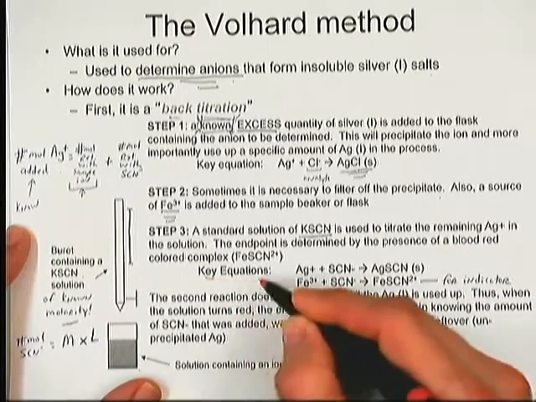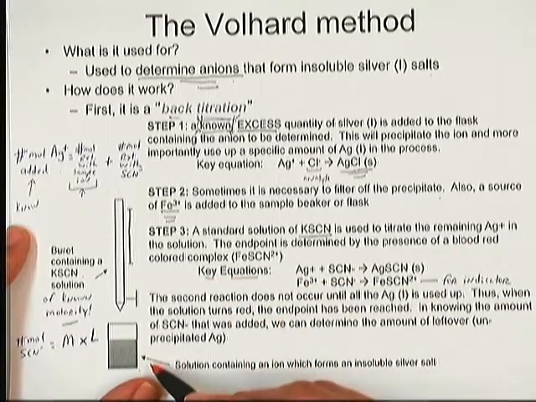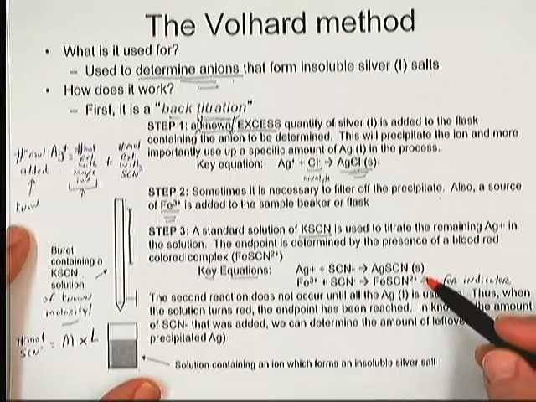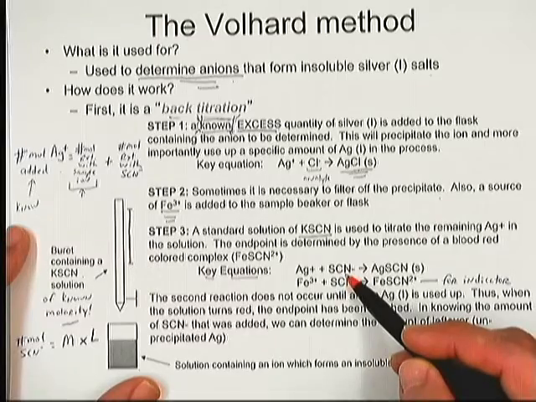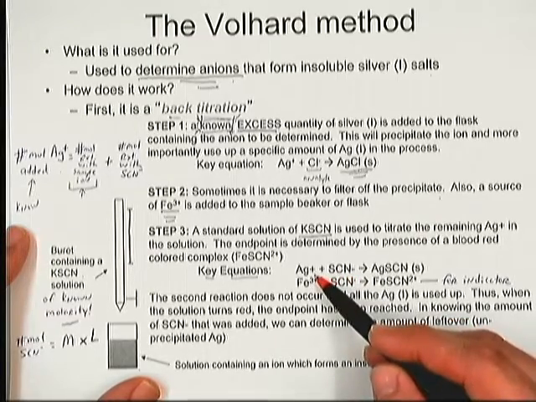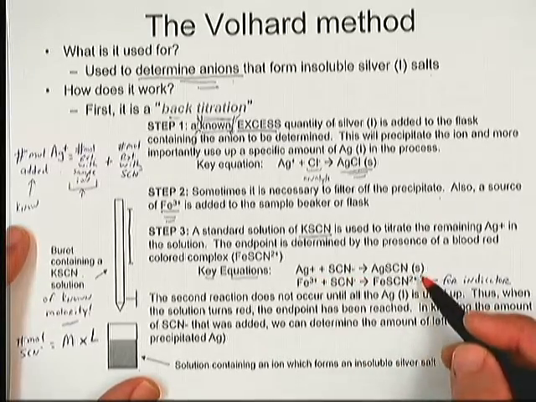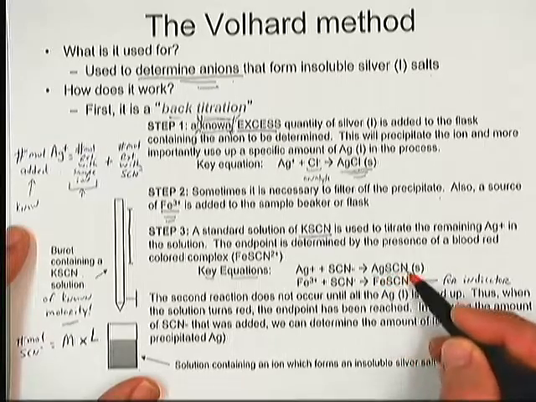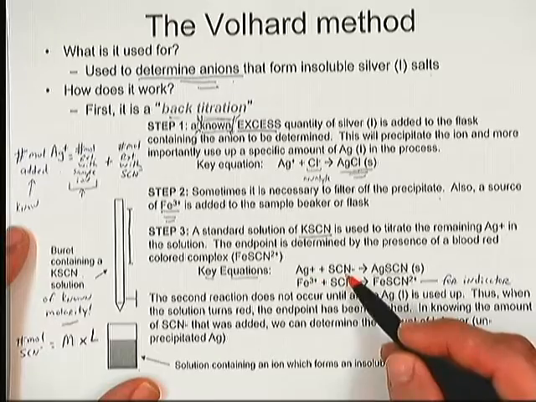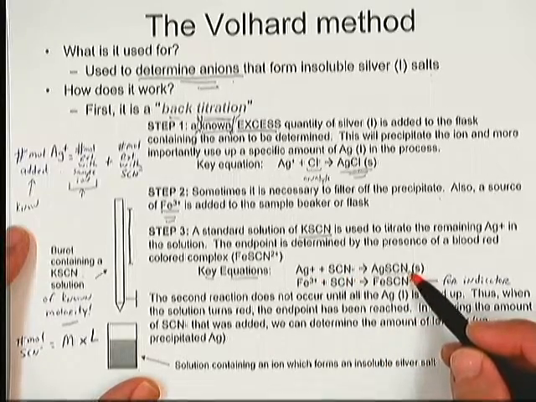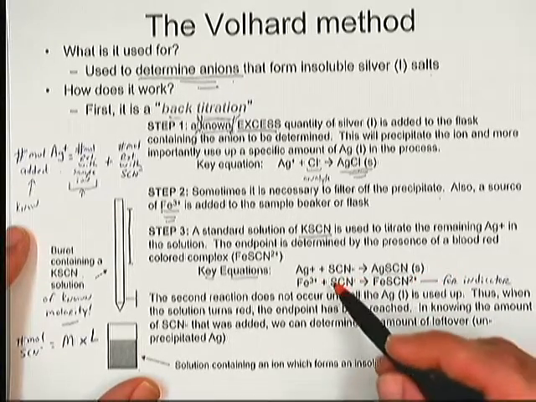Well, the key equations to understand for the actual titration in the Volhard method are shown here. What we're going to do is react the thiocyanide ion with silver plus 1 to form an insoluble silver thiocyanide. So the silver reacts with this ion to form this precipitate. Now let's think about that for a second.